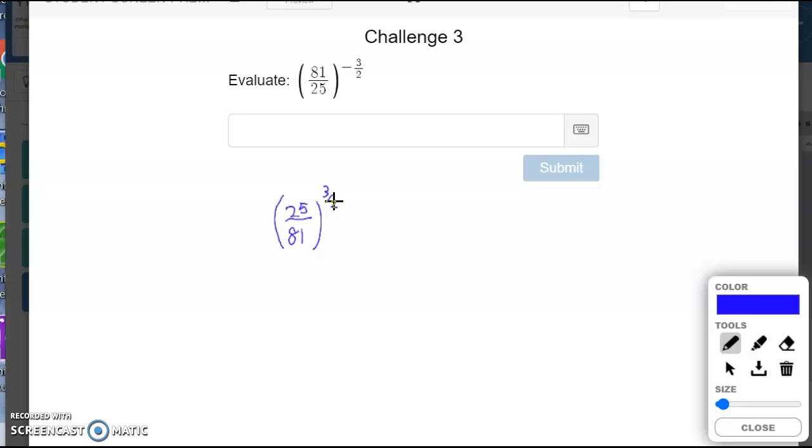Okay, so in this case, what is this the same as? This is the same as 25 to the power of 3 over 2, and I can apply this separately, and 81 to the power of 3 over 2. I can think of this as 25 to the power of a half, then raised to the power of 3, and the same thing, 81 to the power of a half, raised to the power of 3.